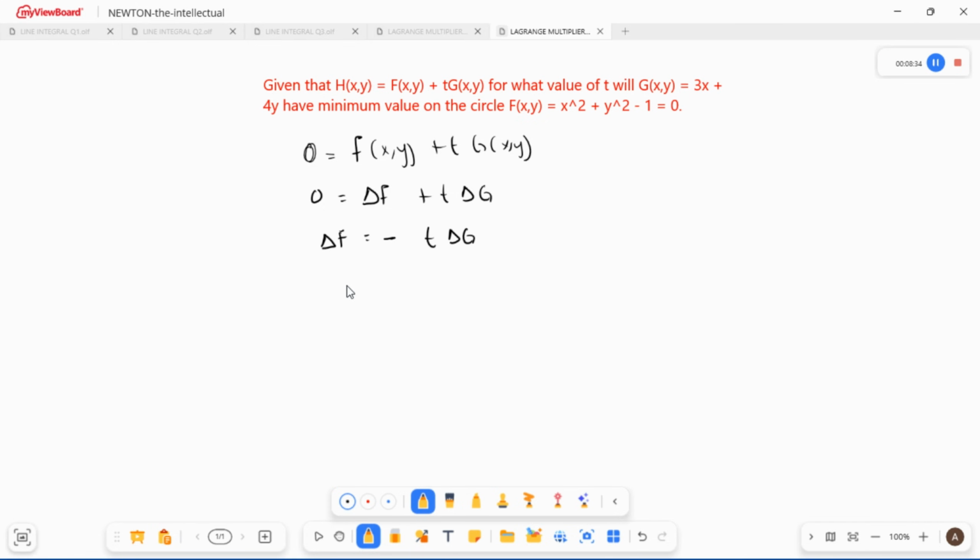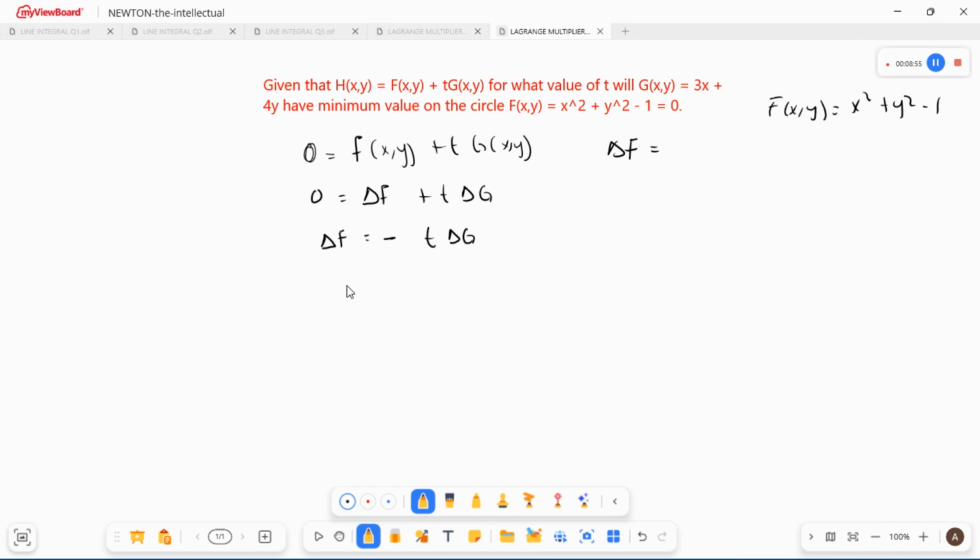Now, what is the derivative of f? The df now is basically your individual derivatives of f. Now, f of x y is equal to x squared plus y squared minus 1.